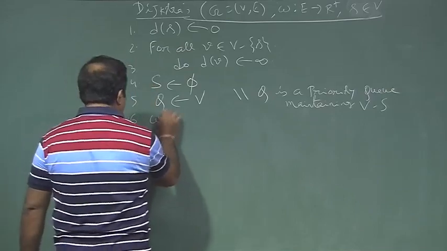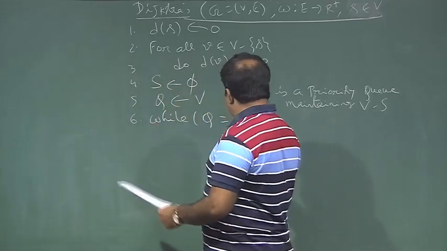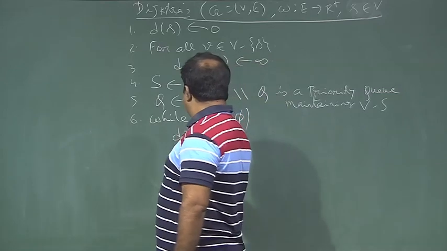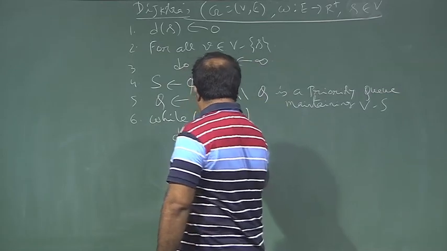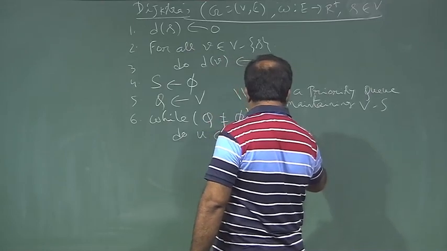So, this is the operation: while the queue is not null, we extract the minimum from this queue.